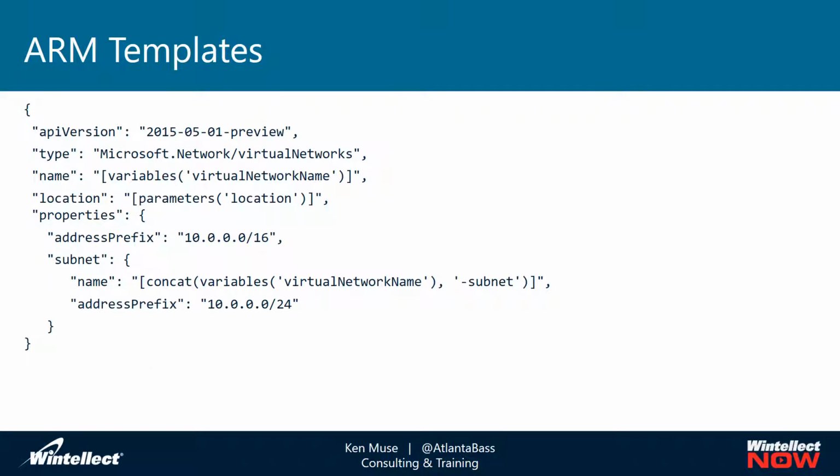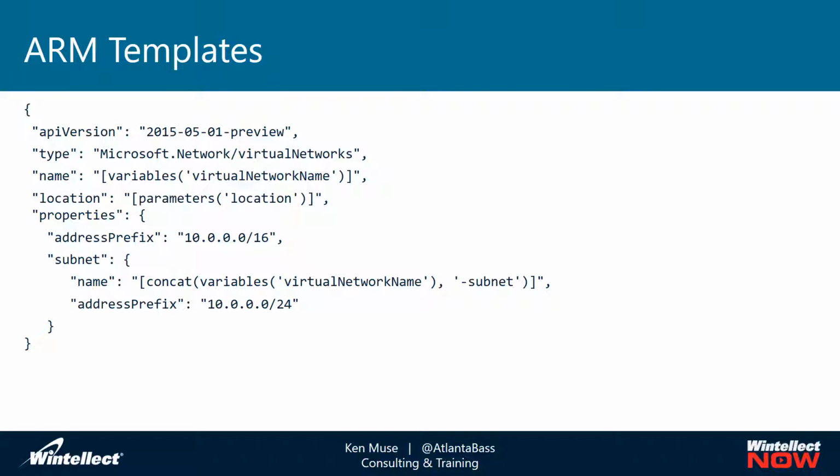Now, a basic ARM template for a virtual network might look something like this. It's going to utilize a specific API version, which behind the scenes gets translated into a REST call for a specific provider called Microsoft.Network Virtual Networks. The name of this network is going to be defined by a variable called virtual network name, and it's going to be deployed into an Azure region, which will be specified as an input parameter to the template.